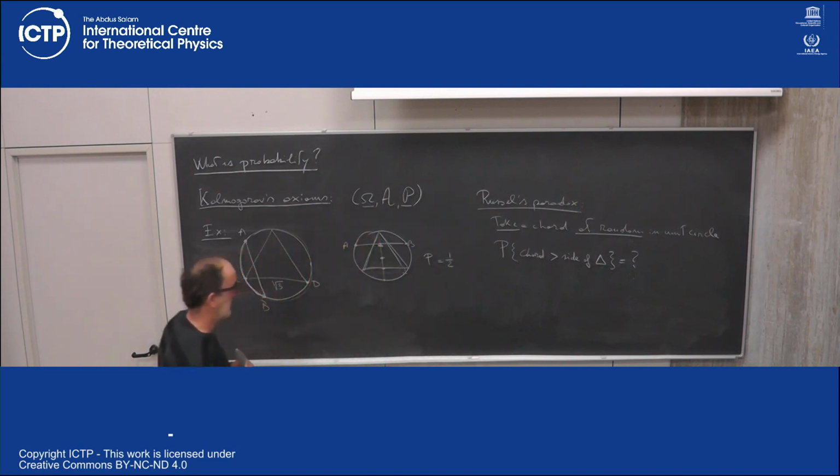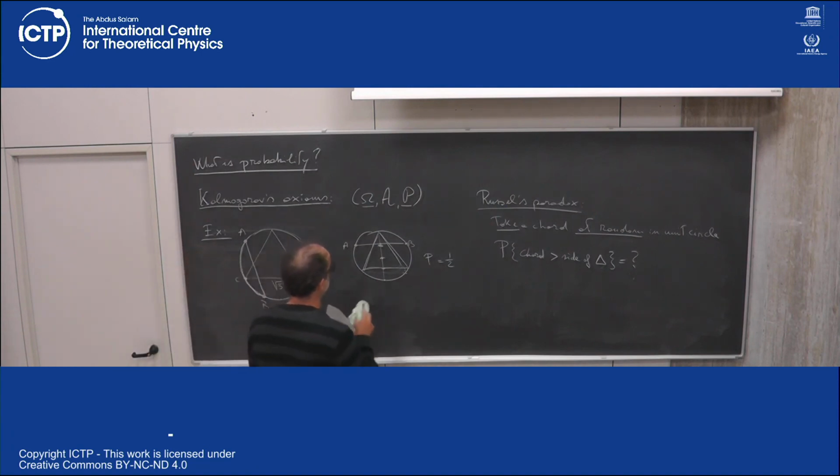Okay, but there is also another way to answer this question. So let's take this chord now to be such that A also coincides with the vertex.